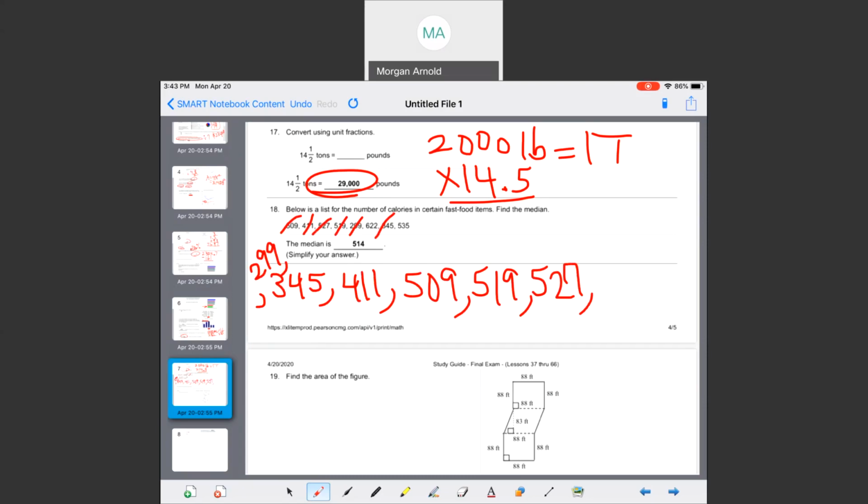Okay, and then the last few. 622 to end.